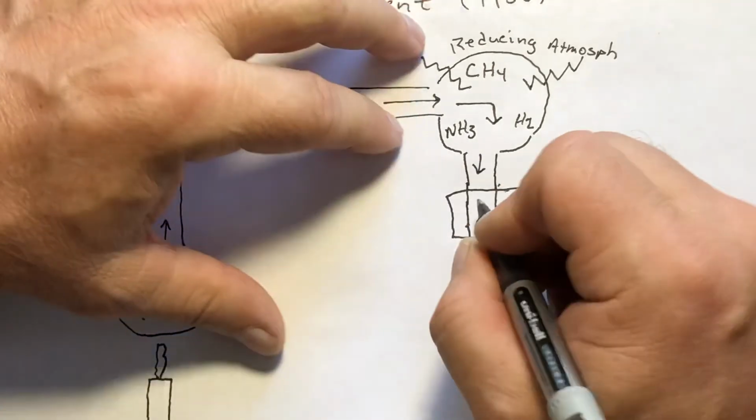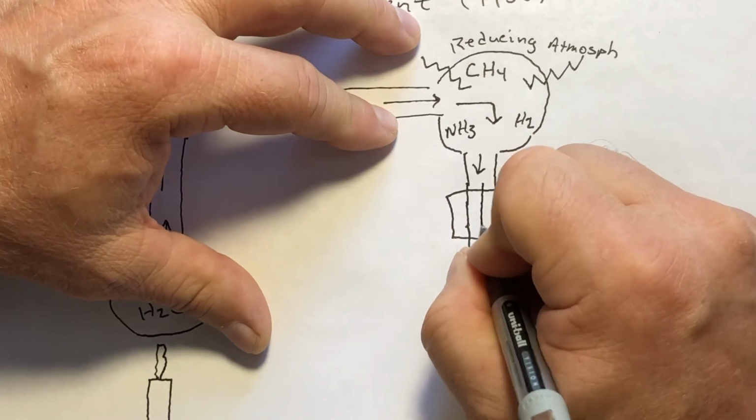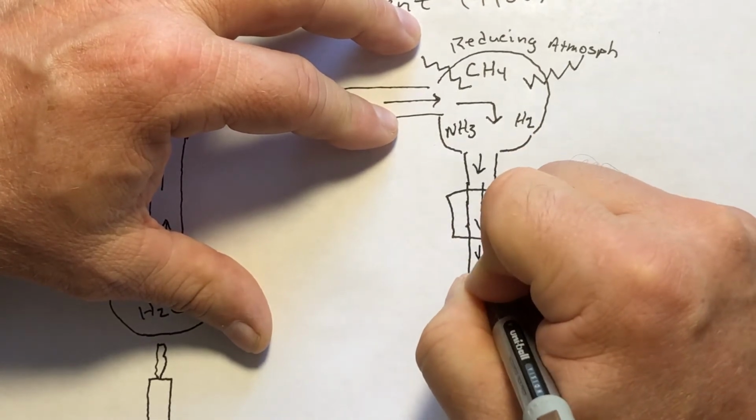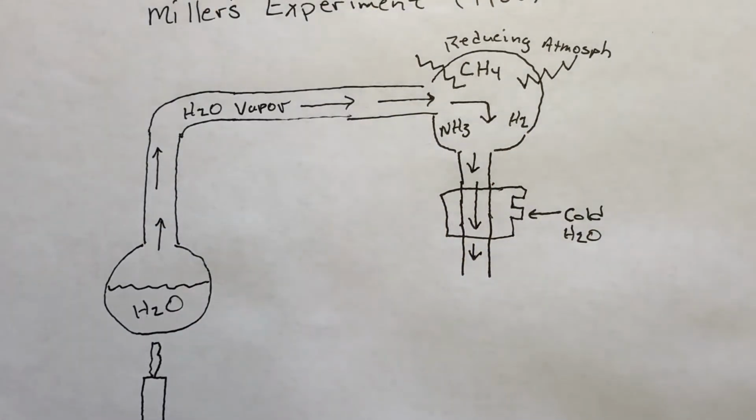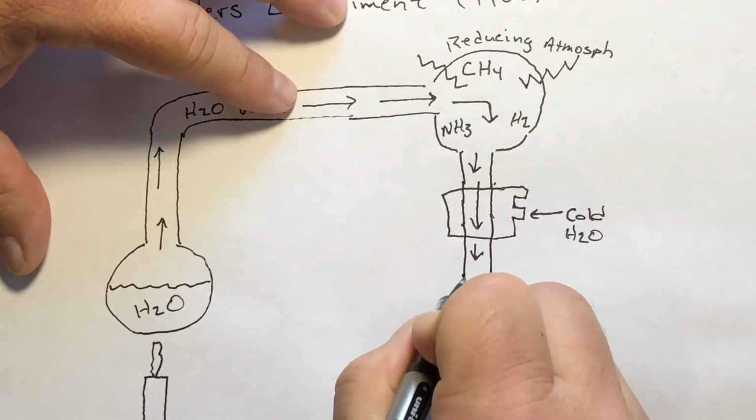And as that vapor moved through this tube, that cold water cooled that water vapor and it went back to the liquid form. And then he just kept it in a loop.